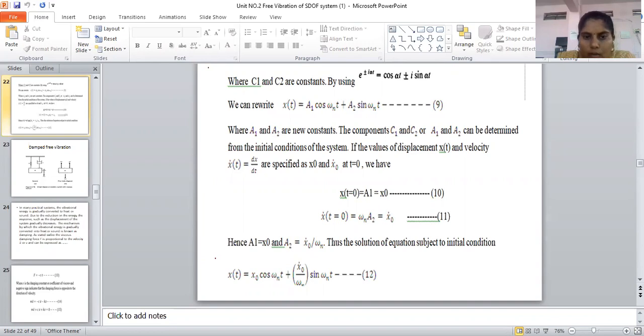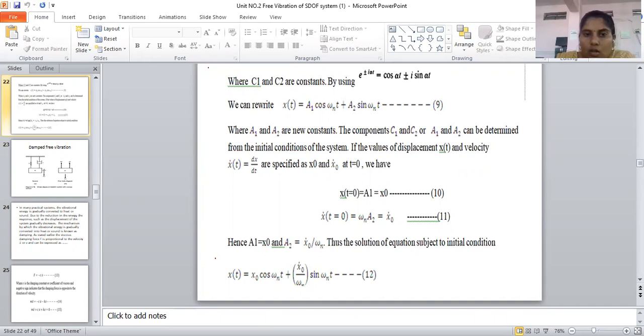Priyanka, what is the problem? Here is the diagram, no? On this slide only there is a diagram. Why are you telling me here, madam? Please show that diagram slide. This is the same diagram that I am showing here. That is for the undamped, that is for the damped, and where is the free vibration system?